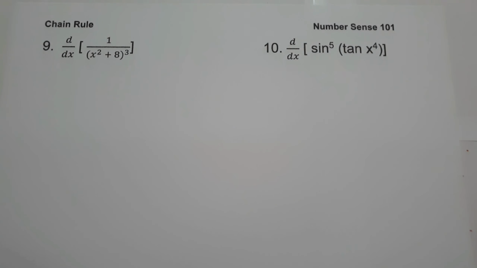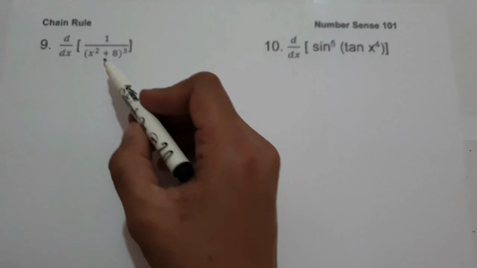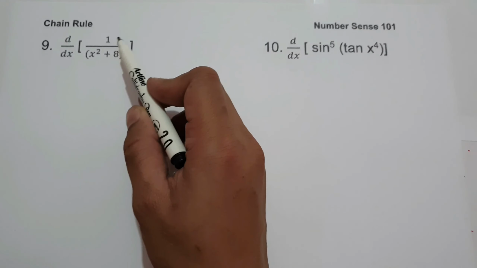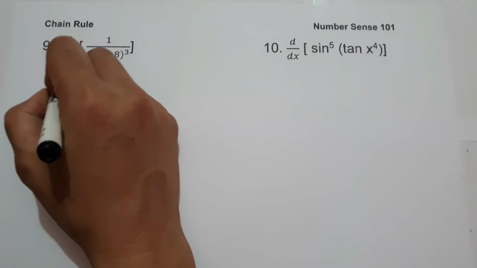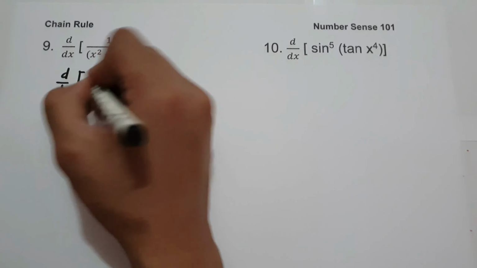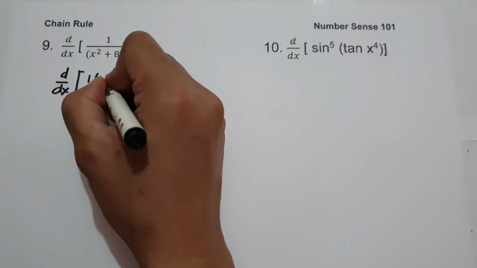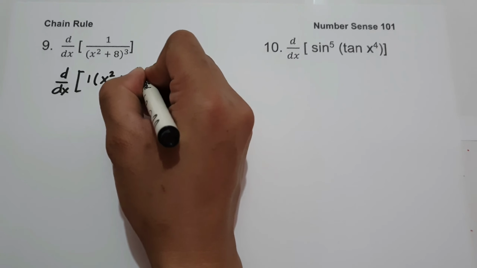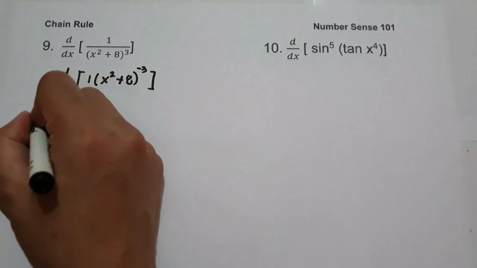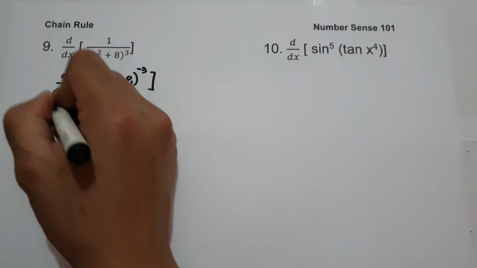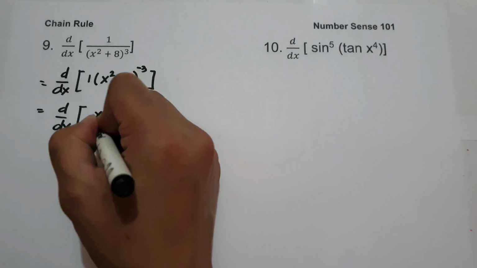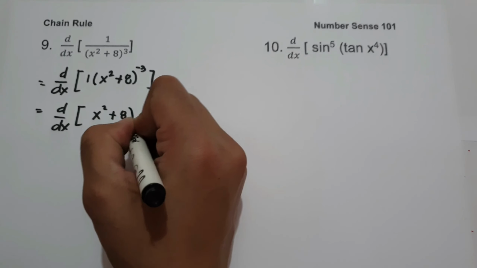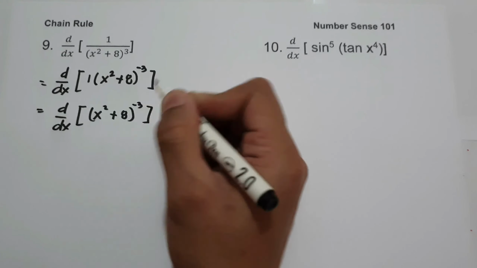On number 9, what is the derivative of 1 over x squared plus 8 raised to 3? So the first step that we're going to do is to write x squared plus 8 raised to 3 into numerator. So we are going to have d over dx, and then 1 times x squared plus 8 raised to, from positive, it became negative, or you can write this one as d over dx, x squared plus 8 raised to negative 3.